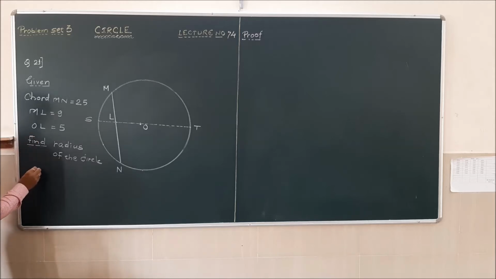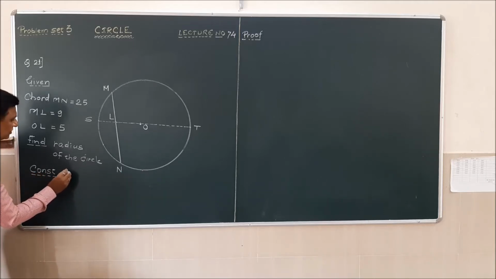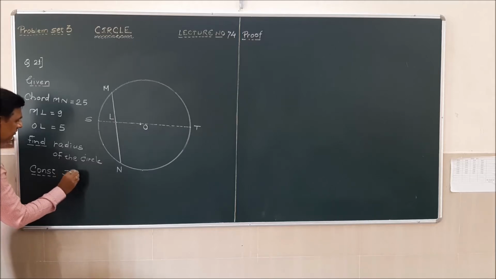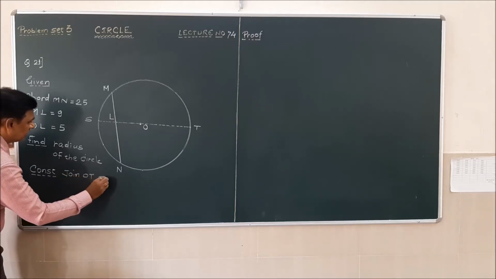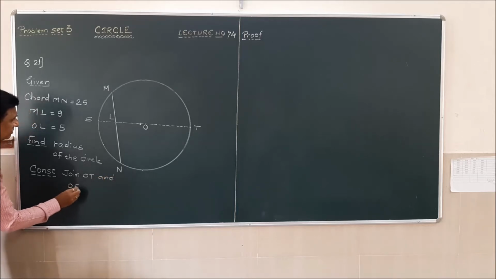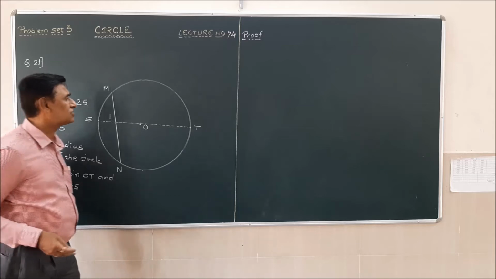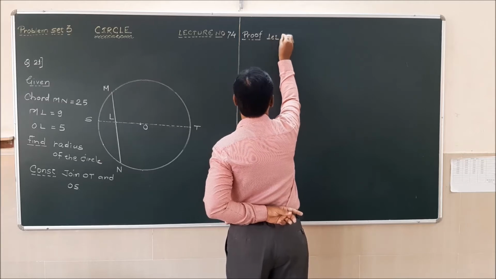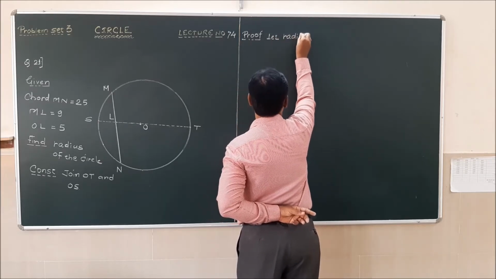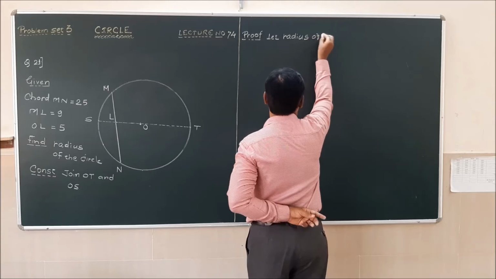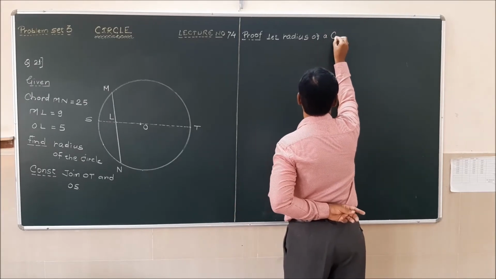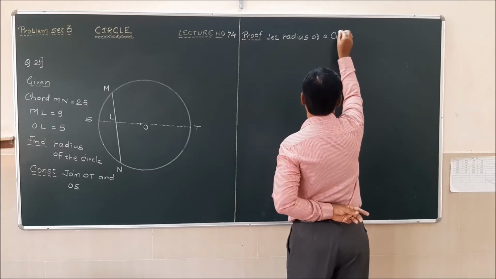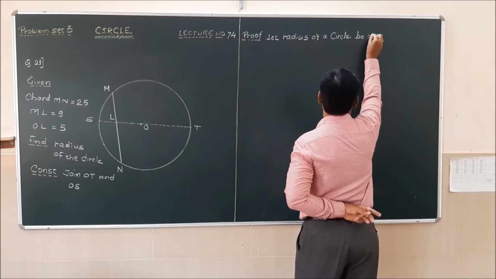Now, construction is there. Join OT and OS. Let the radius of the circle be x.